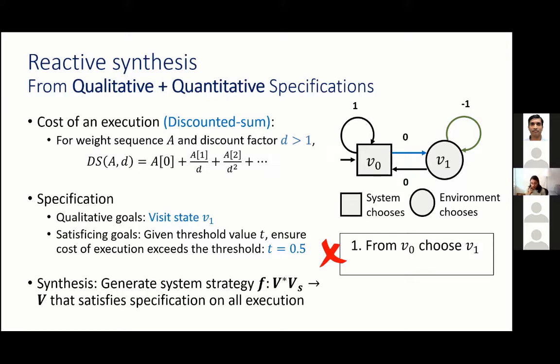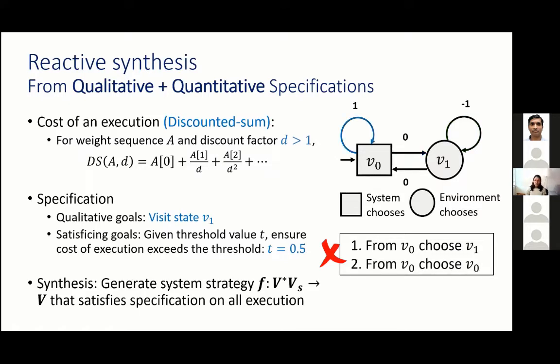As you can see, if it follows the given strategy, then in case the environment chooses to remain in V1, the resulting weight sequence will be 0 followed by -1s forever. And the cost of that sequence would certainly be less than half. So this strategy does not satisfy both the specifications simultaneously.